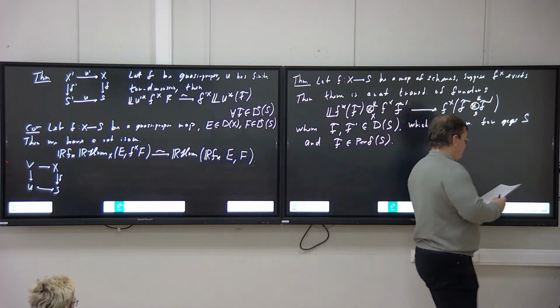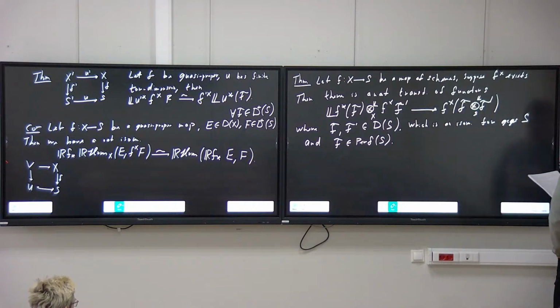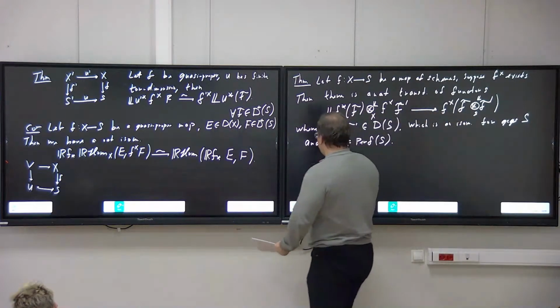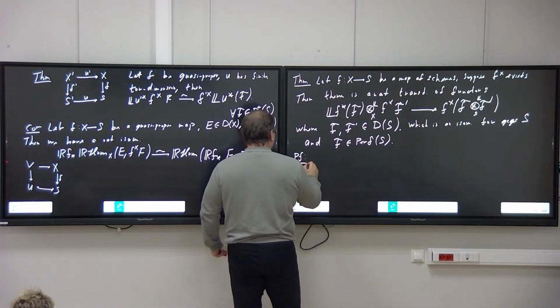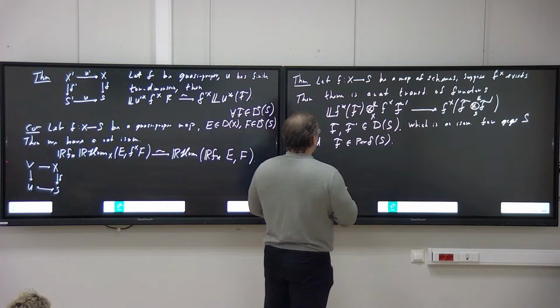So let's see. Well, as part of a simple proof, let's see why we have a map like this.